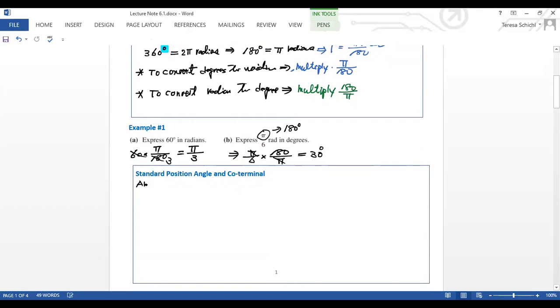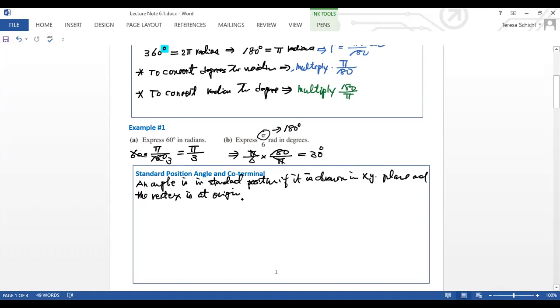We say an angle is in standard position if it is drawn in the XY plane, and its vertex is at the origin, and its initial side is on the positive x-axis.